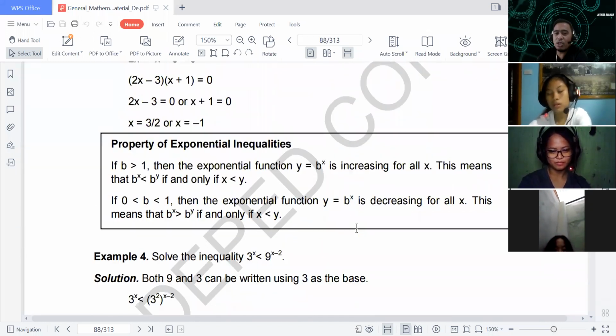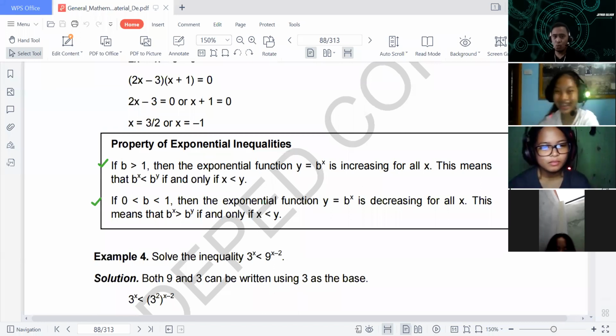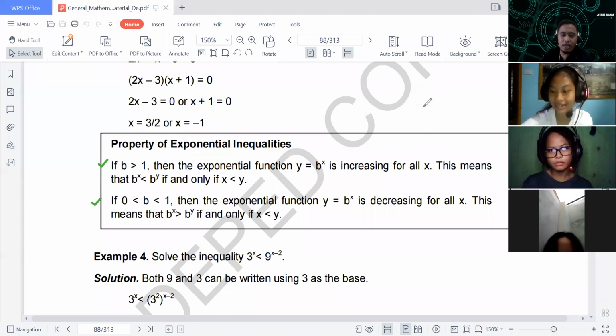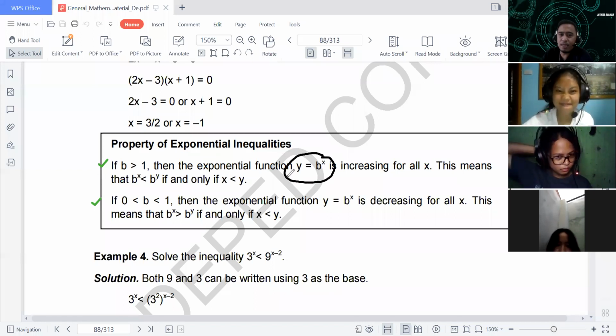So in the exponential inequalities, these are the properties that you need to understand. There are 2. First, look at this b.